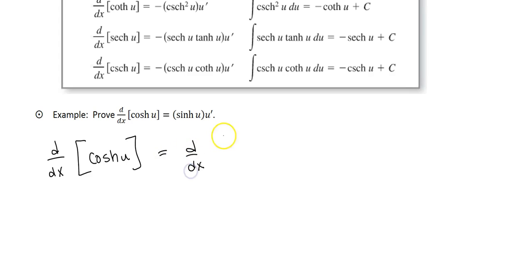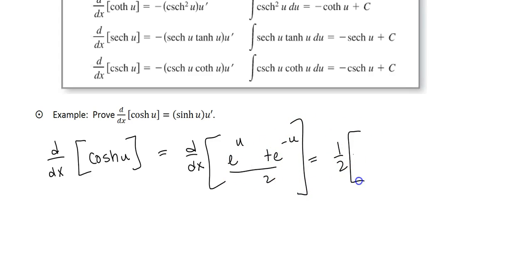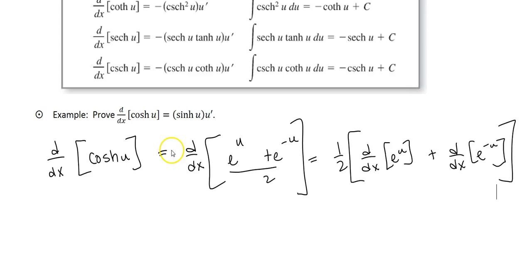So we're just going to use the definition again of the hyperbolic cosine. So this is the derivative with respect to x of e to the u plus e to the negative u, divided by 2. So I'm going to bring the 1/2 out and then split up the derivative. So I've just brought the 1/2 out and then I've split this up into two derivatives, the derivative of e to the u and the derivative of e to the negative u.